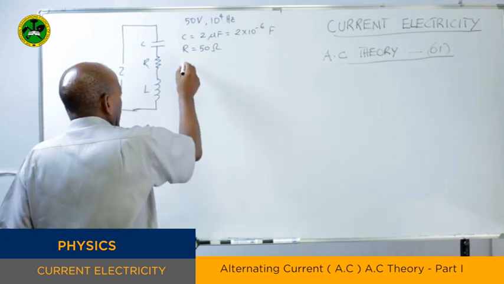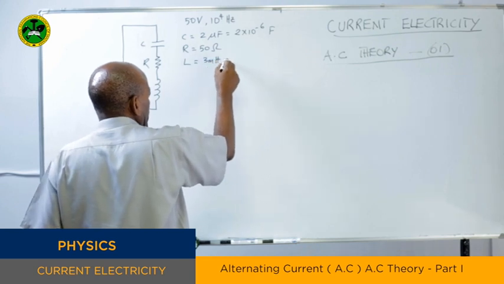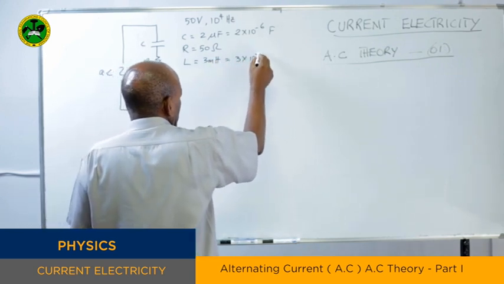And the inductor L is of 3 millihenry, that is 3 times 10 power minus 3 henries.